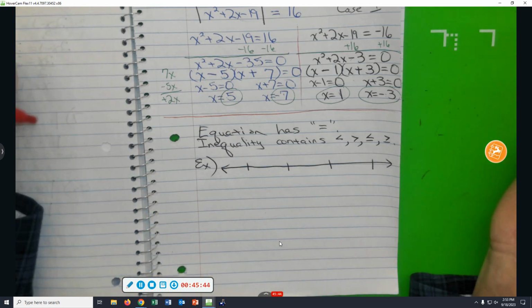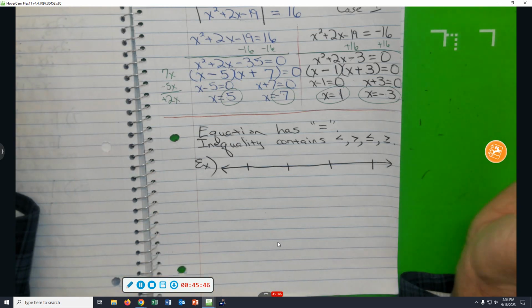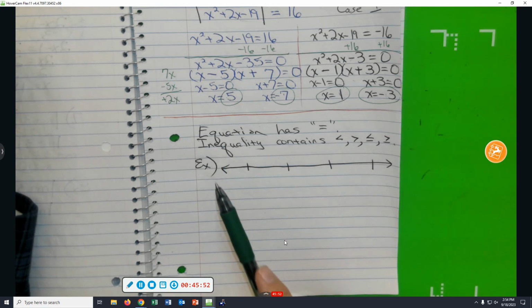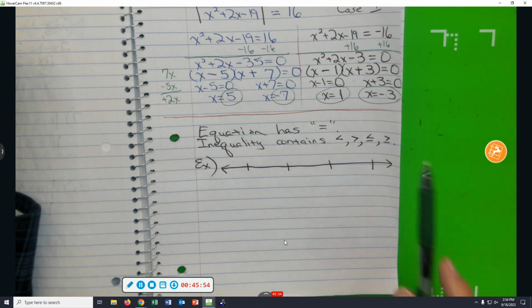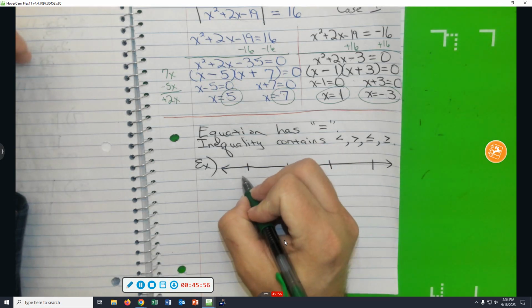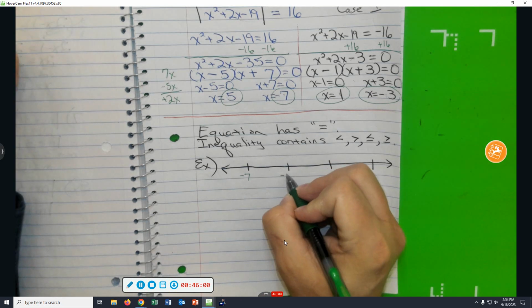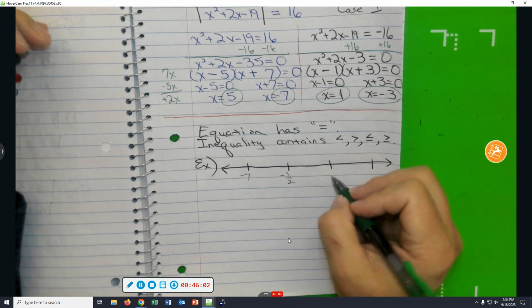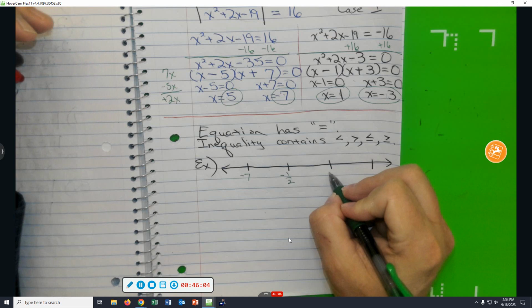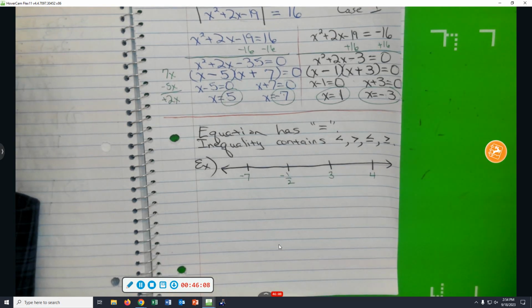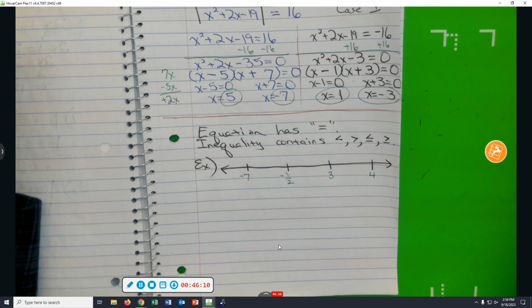And remember, with the number line, the smaller numbers have to be to the left. It goes small to big. So let's say this is something like -7, and then here's -1/2, and I'll say 3 and 4. I'm just randomly choosing.